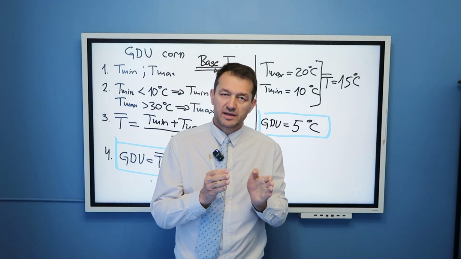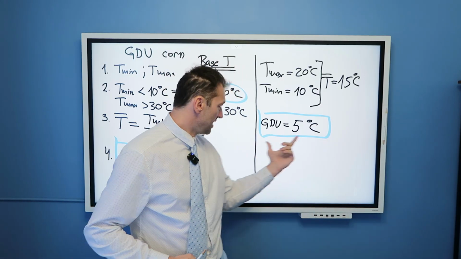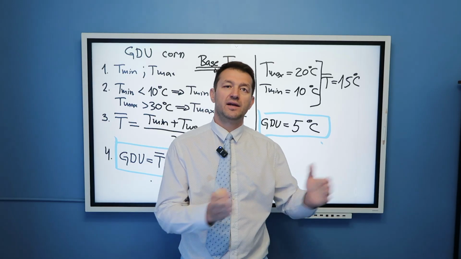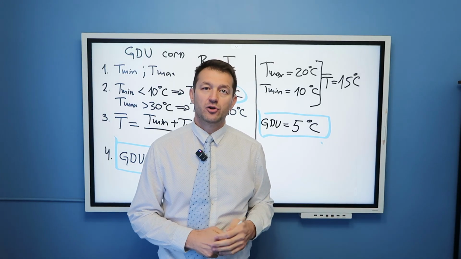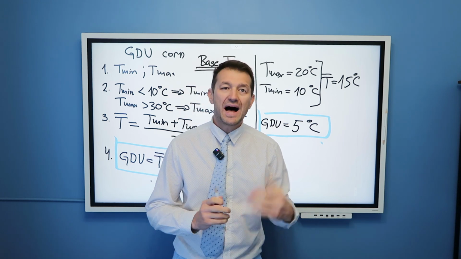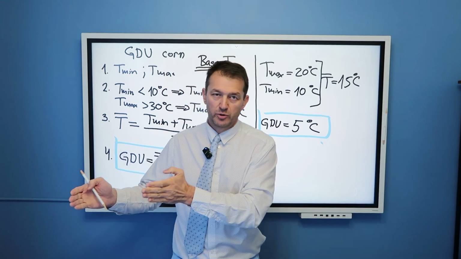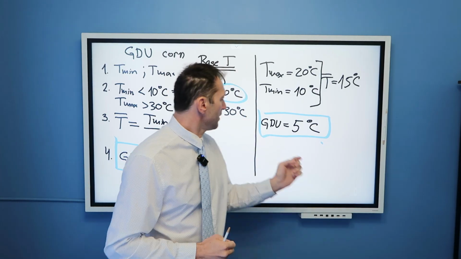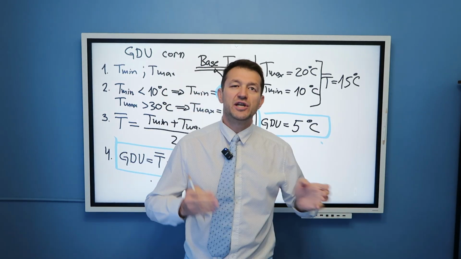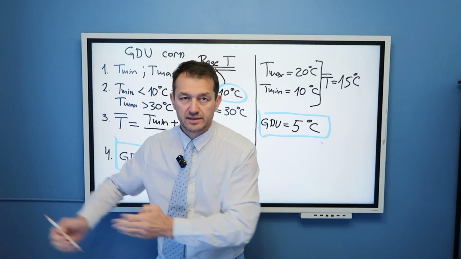And growing degree units are used in accumulated way. For each day, one calculates this and then adds the value of the previous day, and so on. So how is then this used? Well, it is used as a cumulative value. In other words, when growing degree units reach certain value, 100, do this.